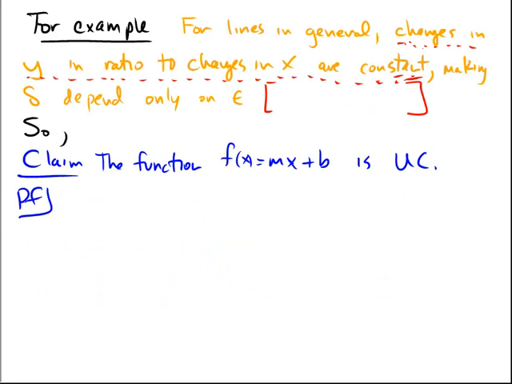For example, we know for lines in general that changes in y, written as a ratio to changes in x, are held constant. In fact, that's what we generally called the slope.